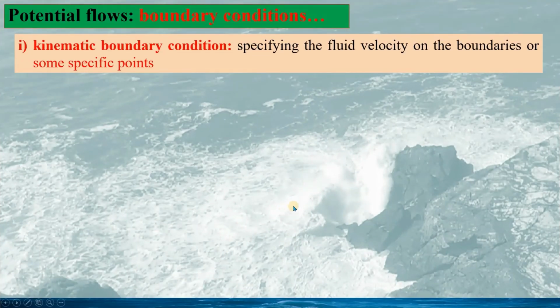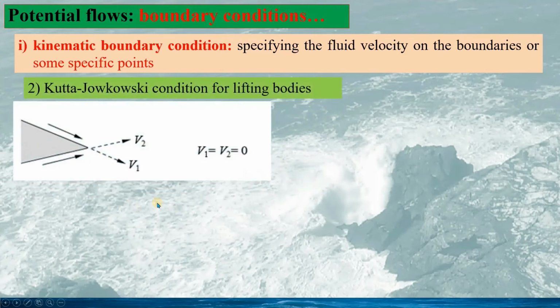The second kinematic boundary condition is for the lifting body, so we need to specify the velocity at some specific point. For instance, the Kutta-Joukowski condition for lifting bodies. At the trailing edge, see here, if we have the velocity come from the upper surface of the lifting body and the flow coming from the lower surface of the lifting body, at the trailing edge we have two different velocities, V1 and V2.